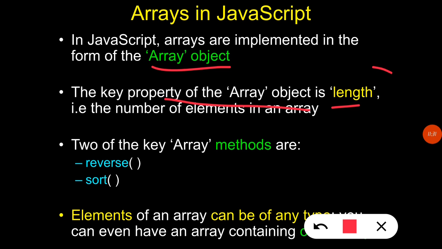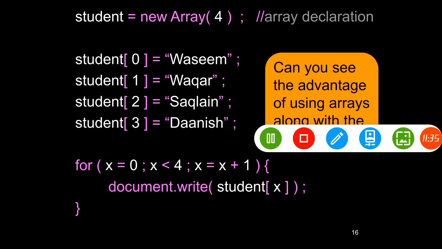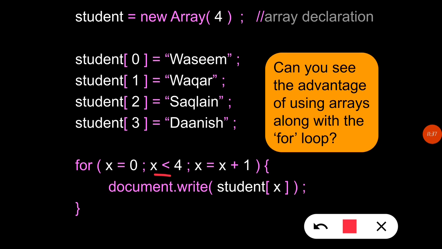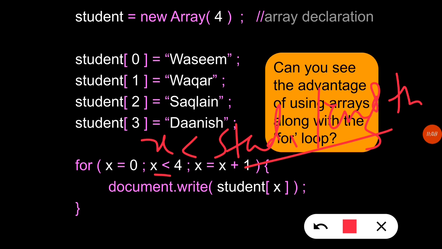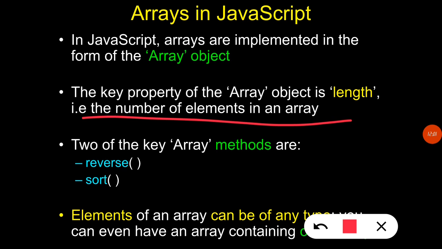If you want to access the length of the array in the previous example, instead of using x less than 4, you can use x less than student dot length. What is the length of the array? 4. So this will be treated as 4. If you don't know the length of the array, you can use this to find it. Here the length means the number of elements of an array.